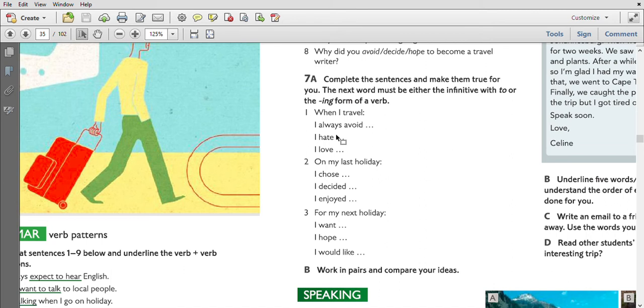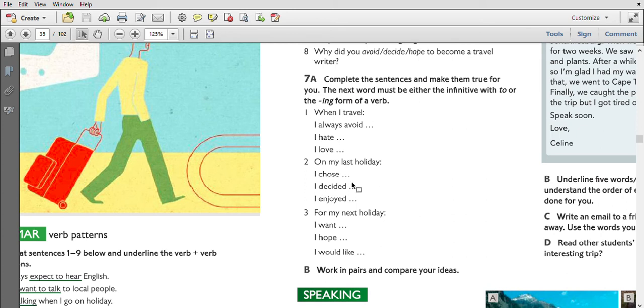In this case, we can use both constructions with ing and with to. I love to go sightseeing, or I love going sightseeing. On my last holiday, I chose to go to the village, for example.